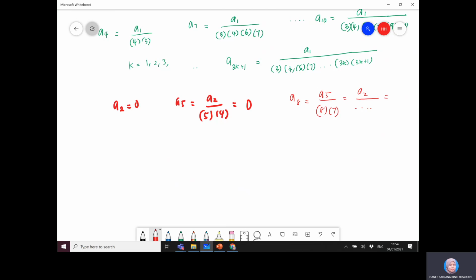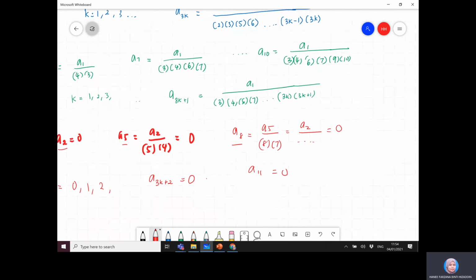Doesn't matter because eventually a8 is equal to 0 too. So for k equals 0, 1, 2, the pattern is such that a sub 3k plus 2 equals 0. Okay, because you see that the pattern is a2, a5, a8. So you also suspect that a11 is also equal to 0.